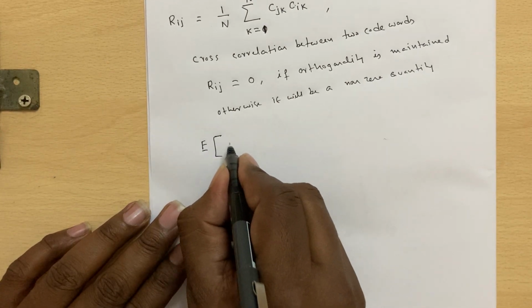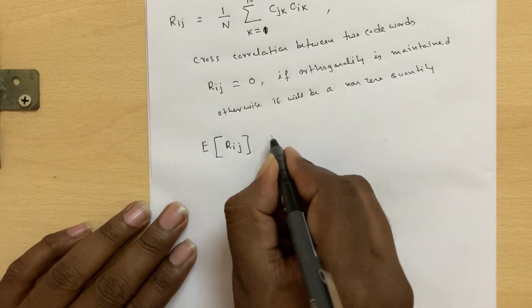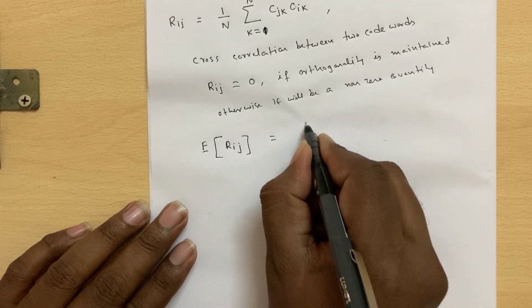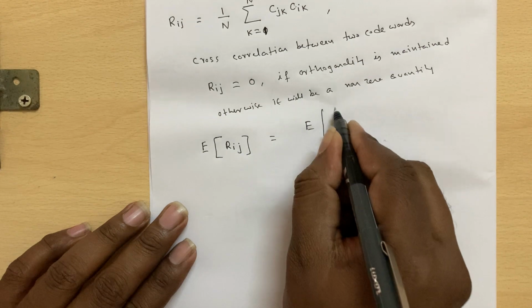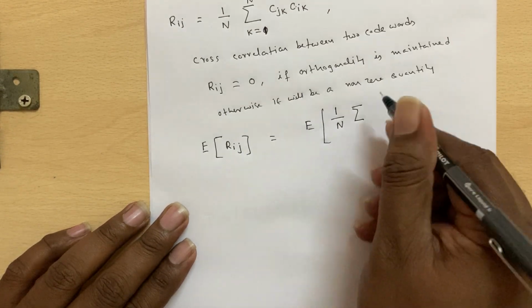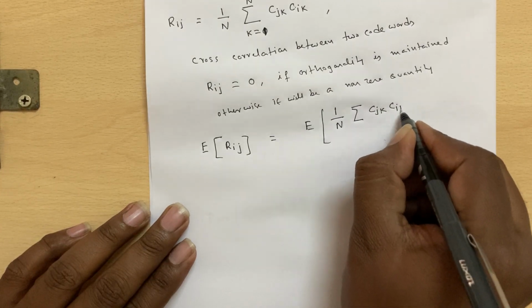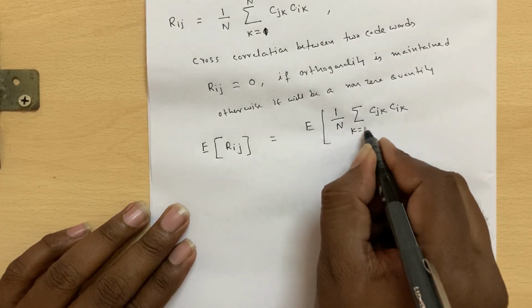One is the mean value of the cross correlation, that is the expectation of this one, which is equal to the expectation of 1 by n, summation of Cjk and Cik, k is equal to 1 to n.